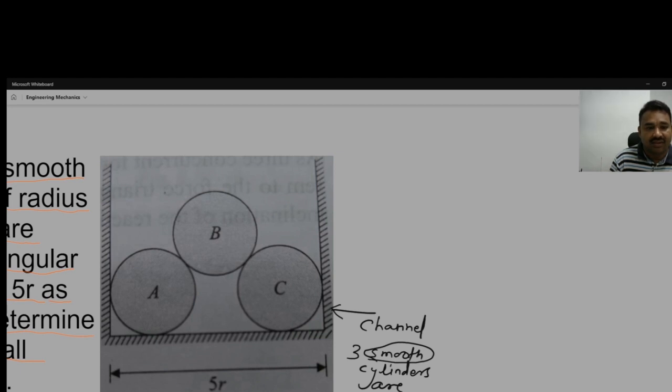So here, what are the contact reactions? Suppose we are giving names.